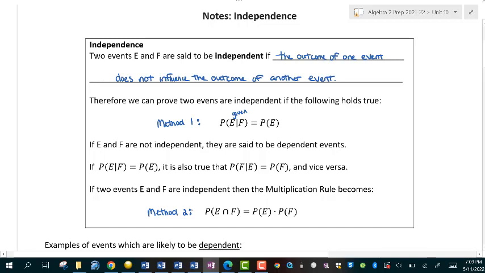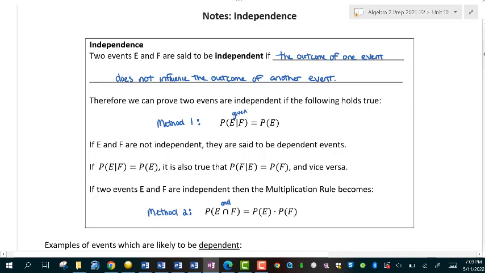The multiplication rule means that you can multiply the probabilities of two individual events happening, such as the probability of E times the probability of F, and get the intersection of those two events, the probability of E and F, when you're looking at a two-way table. And again, we'll go through both of these methods using some actual examples.